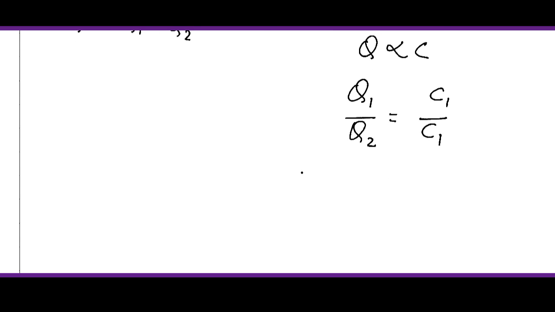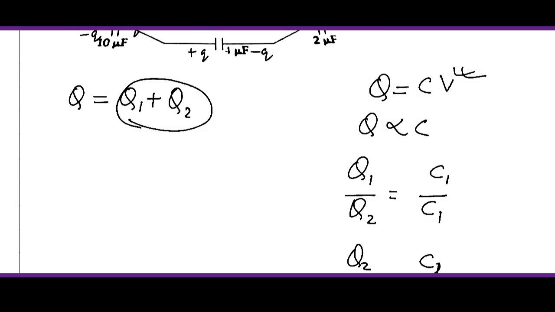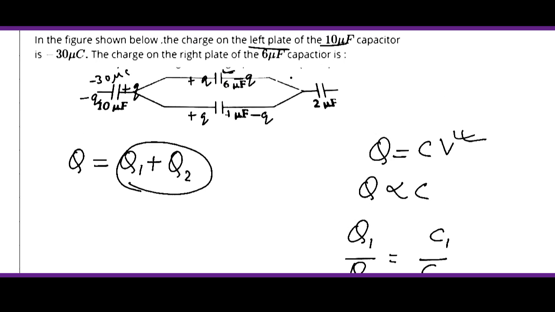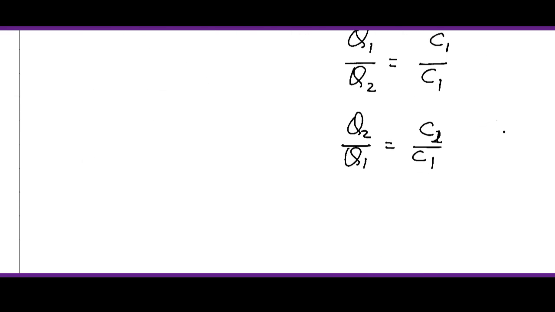If we take the reverse, we can also write q2 by q1 equal to c2 by c1. Why are we doing that? We have to find q1 plus q2. If we get q1 plus q2, and the unknown is q1, then we will be able to calculate the charge on this capacitor.